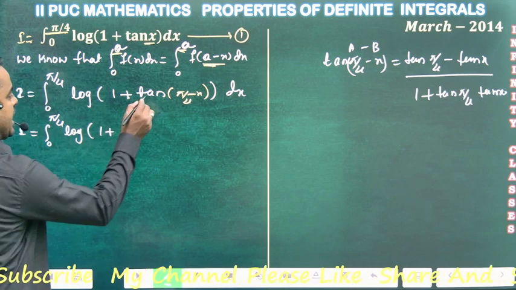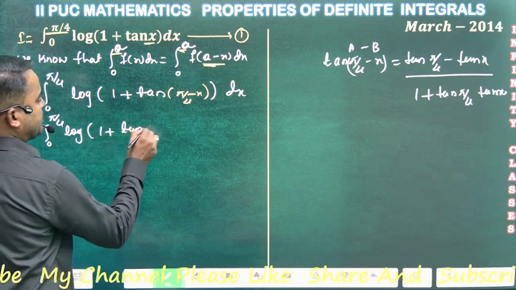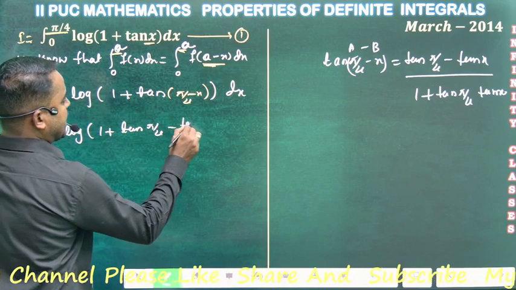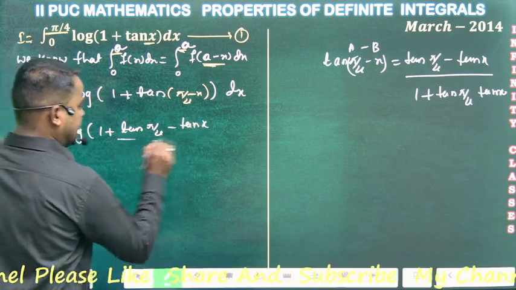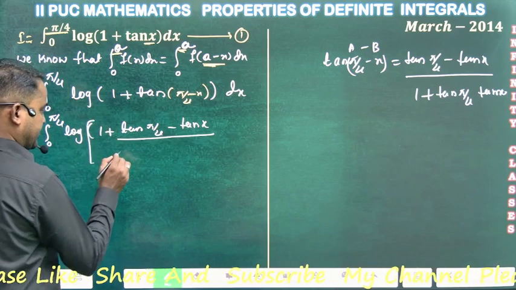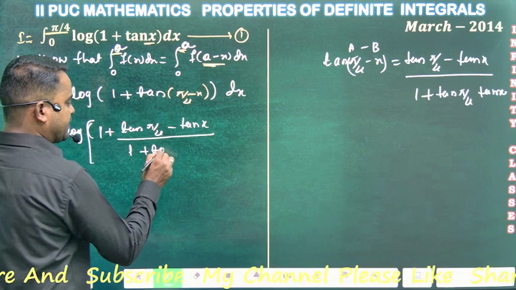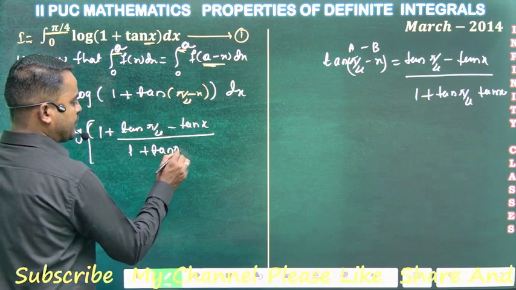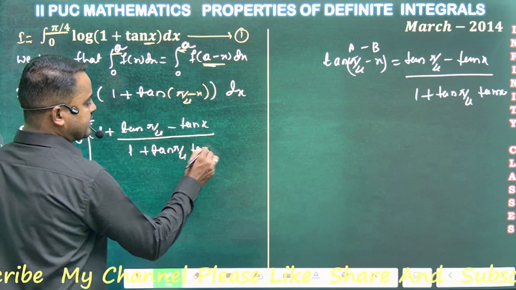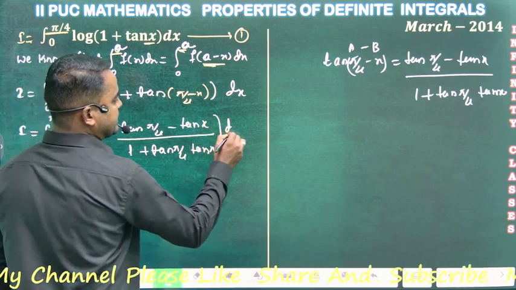1 plus tan 5/4 minus tan x, divided by 1 plus tan 5/4 into tan x, dx.